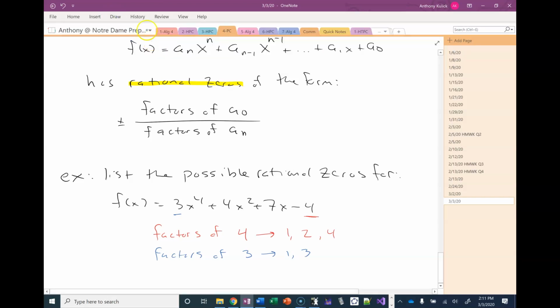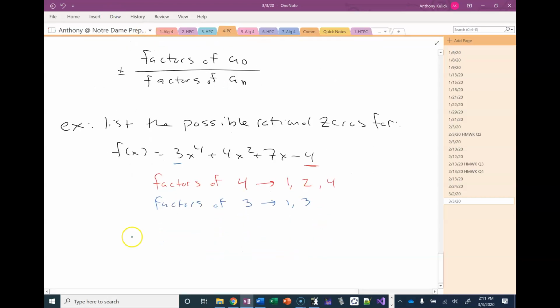So I can use this information now to list what the possible rational zeros for this function f of x are. So I'm going to take each of the factors of 4 and divide them by each of the factors of 3.